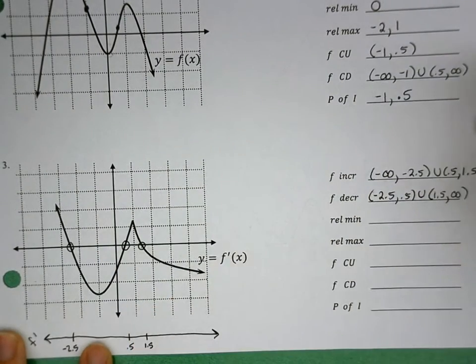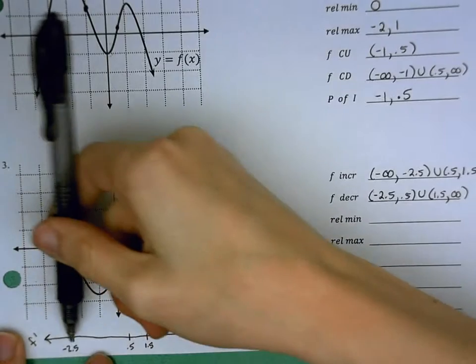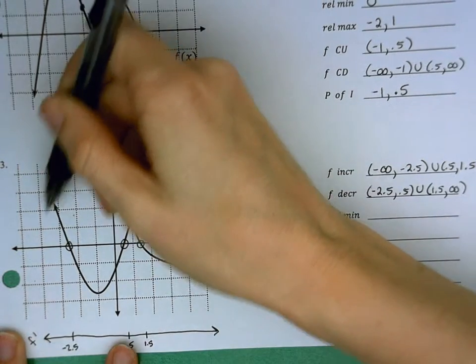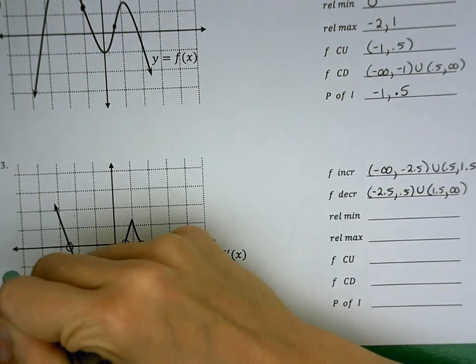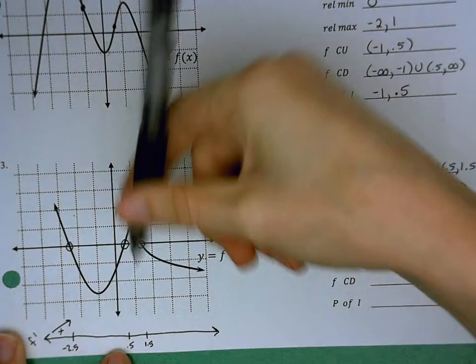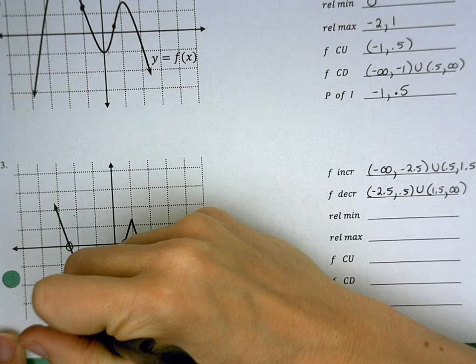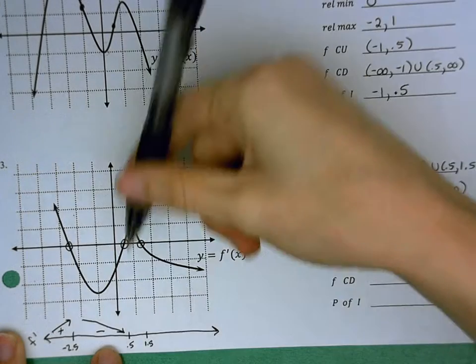Okay. And so then we're going to be testing signs. So I need to look here, left of -2.5. The left of -2.5 is this part of the graph. It's above the x-axis, so it's positive. Between -2.5 and 0.5 is this part of the graph. It's below the x-axis. It's negative. Between 0.5 and 1.5 is this piece of the graph.